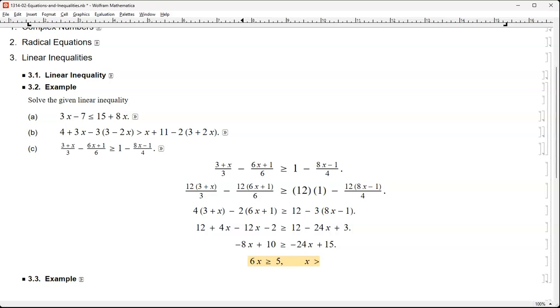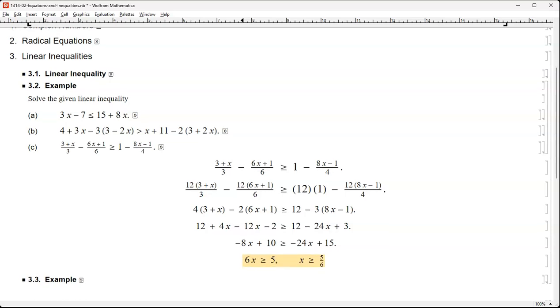x is greater than or equal to 5/6, or equivalently speaking, 5/6 to infinity, and the second must be parentheses.